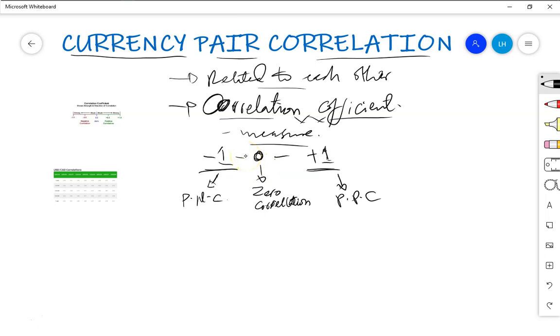It can be perfect, which is the strongest one. And when the strength decreases, correlation can be termed as strong correlation. And as the strength decreases further, we have another term, whereby correlation can be moderate.